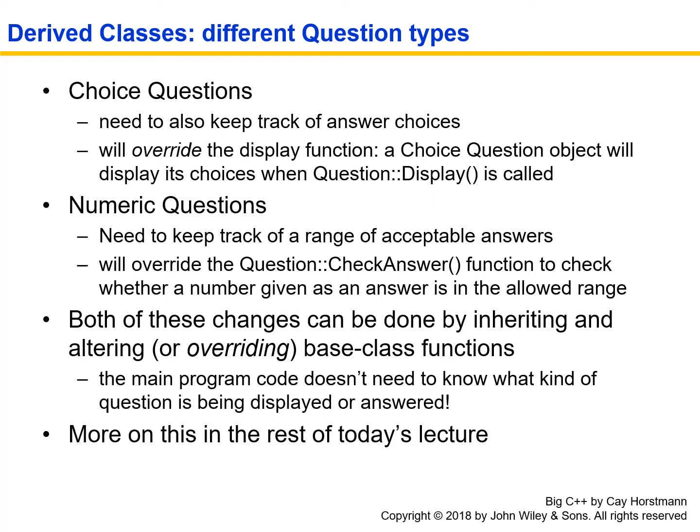So it has to override the question check answer function to check whether a number is in the allowed range. Okay, both of these changes can be done simply by inheriting and then altering, or overriding is the word that's used in object-oriented programming. We override base class functions.